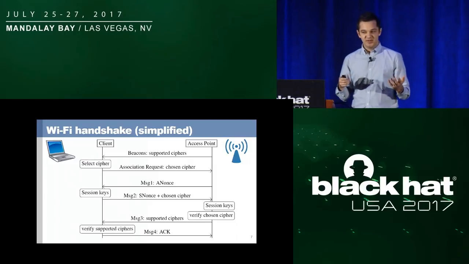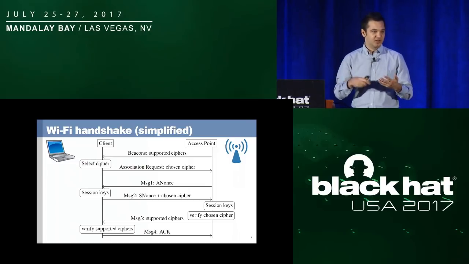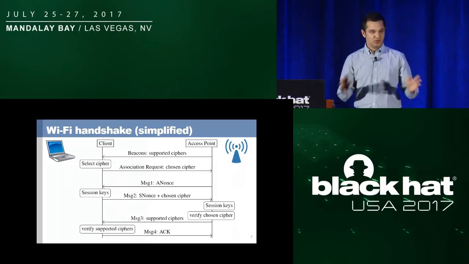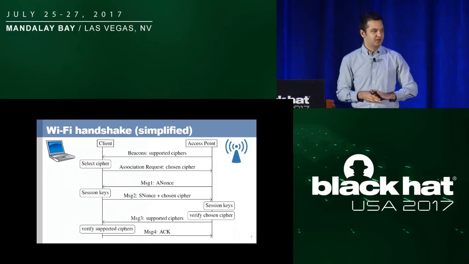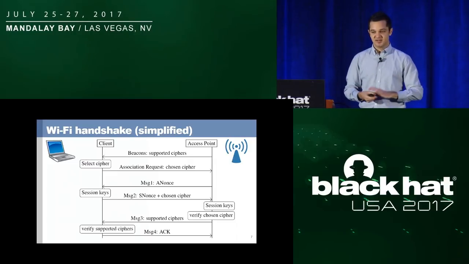The idea here is that when a client receives this message, it can verify the cipher list in message 3, which is authenticated, and an attacker cannot forge this list. It will compare it to the cipher list that was in the beacon, because the beacon contains no crypto and can be forged by an attacker. If there is a mismatch between these lists, then a downgrade attack was detected.